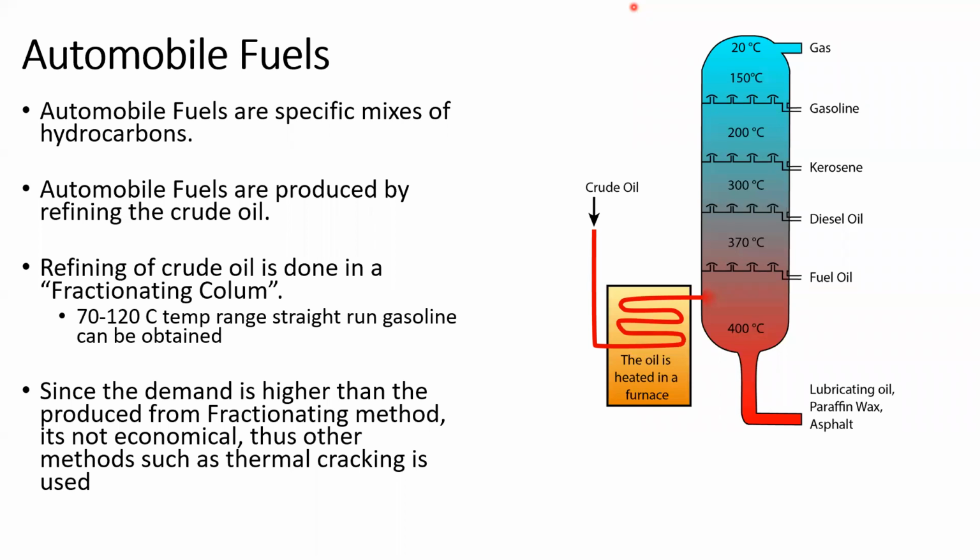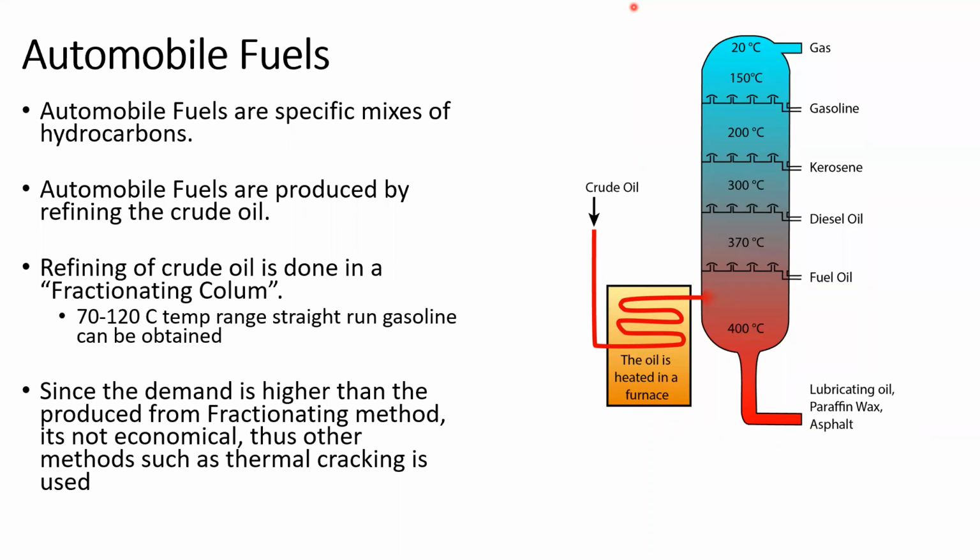Once you supply the oil into a furnace, heated up to around 400 degrees, because these different oils have different evaporation temperatures, these fuels can be taken out from different stages of this column.